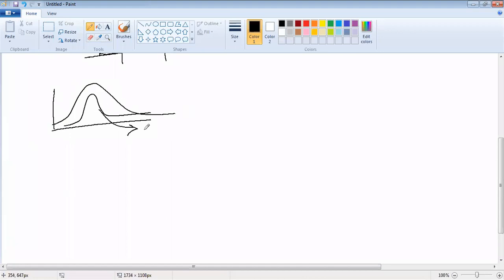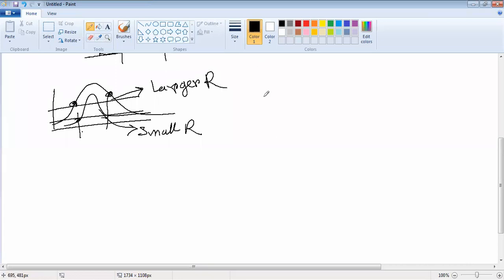This is for the smaller and this is for the larger R. This is the bandwidth. This is the cutoff frequency, this is the cutoff frequency, and this is also the cutoff frequency.